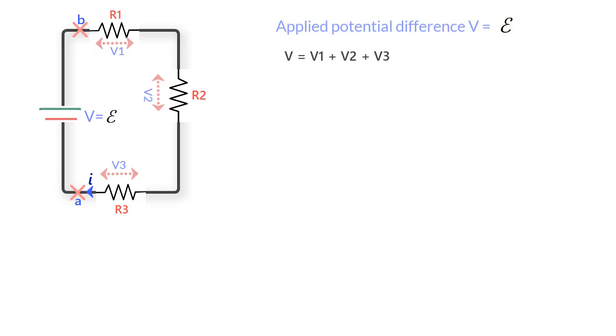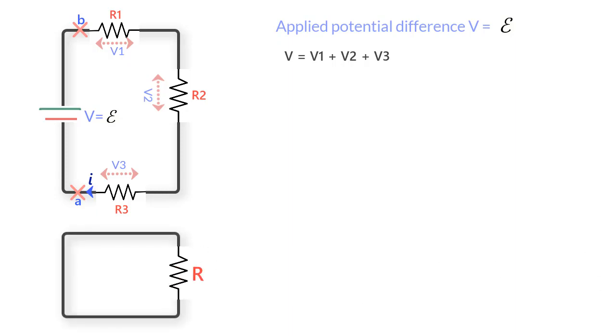Now, what if we are asked to find value of a single resistor equivalent to these three resistors such that the potential difference across it is V and current is I? Well, we can find the equivalent resistance R by using the loop rule to both the circuits.